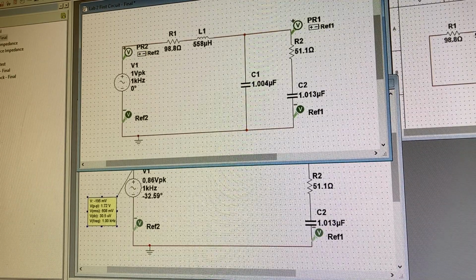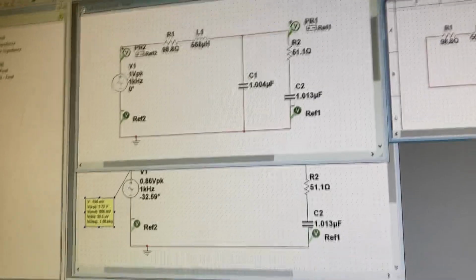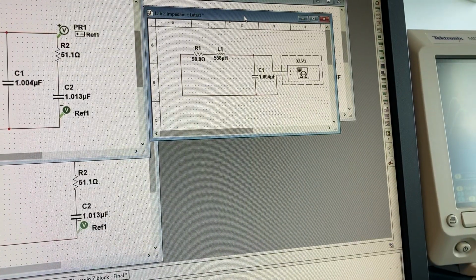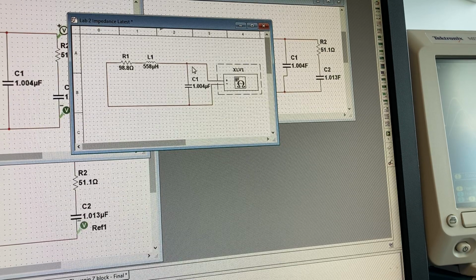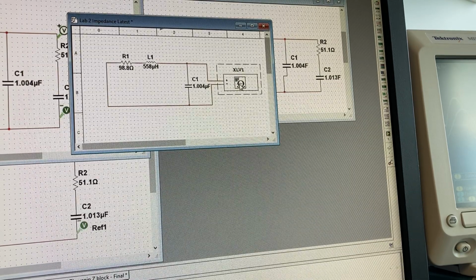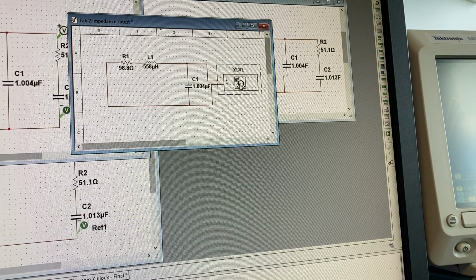When we want to determine the Thevenin impedance and Thevenin voltage, we need to take the impedance between these two terminals, A and B, which is where we're also going to have our Thevenin determination. We can use the impedance meter provided in Multisim.